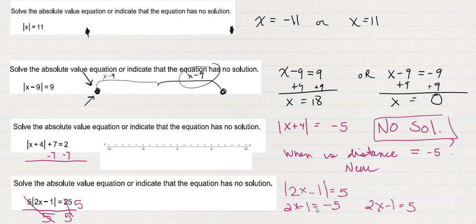Then I'll see on the number line that I could be at negative 5 or 5. So 5 units from 0 would be negative 5 or 5. So I'm going to set this 2x minus 1 equal to negative 5 and 2x minus 1 equal to positive 5. And that's going to give us an x equal to negative 2 or an x equal to 3. So we get those two answers.